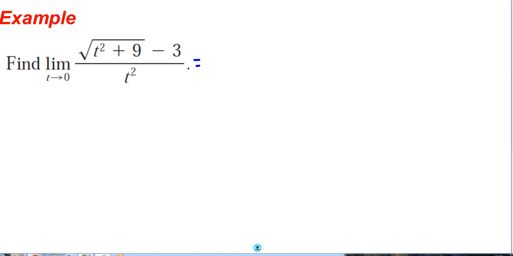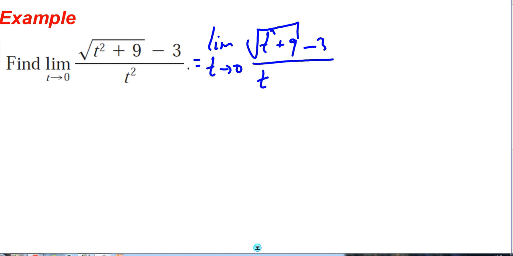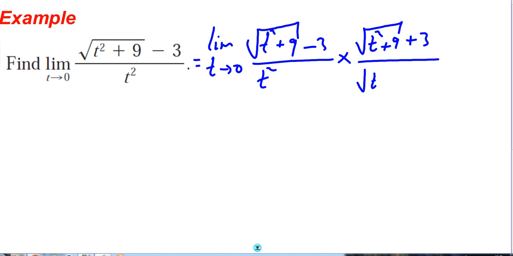This becomes the limit as t approaches 0 of the square root of t squared plus 9, minus 3, divided by t squared. But we can multiply this function by the conjugate of the numerator, square root of t squared plus 9 plus 3, and we divide by the same, square root of t squared plus 9 plus 3.